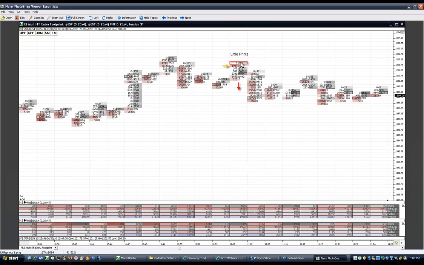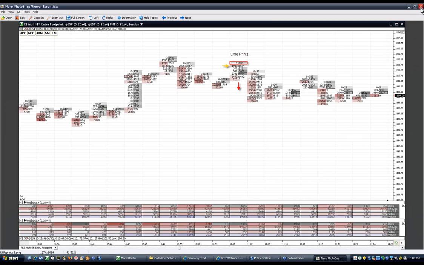What matters is, at the point that this fails and it starts going down, are you seeing the institutions agreeing that they don't want to be buying anymore? So at the very least, I would want this to just kind of freeze, and I don't want them trading against me anymore. So this number's staying relatively the same. And hopefully these guys are selling into it and just being really reactionary, because that's going to help your trade.